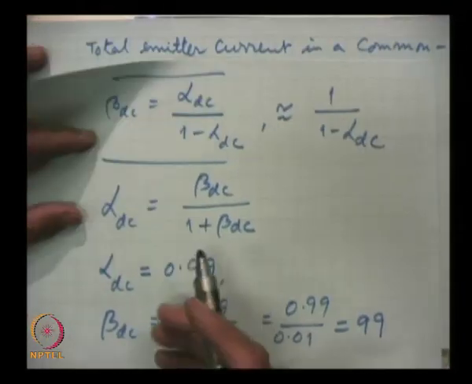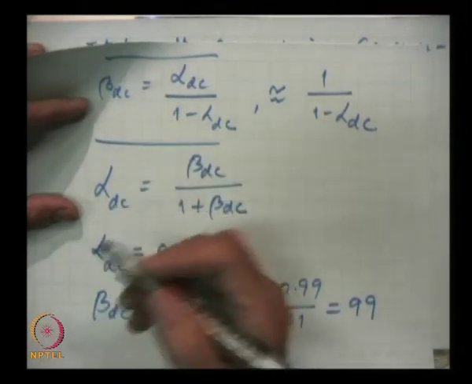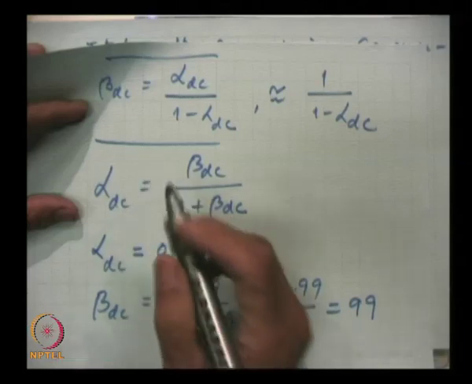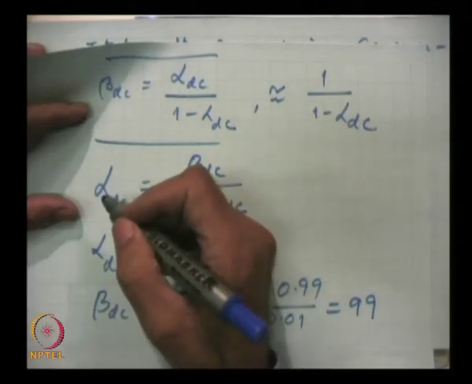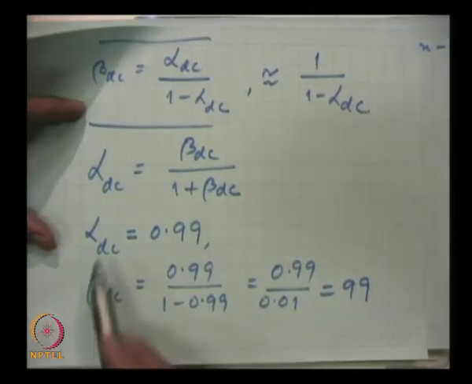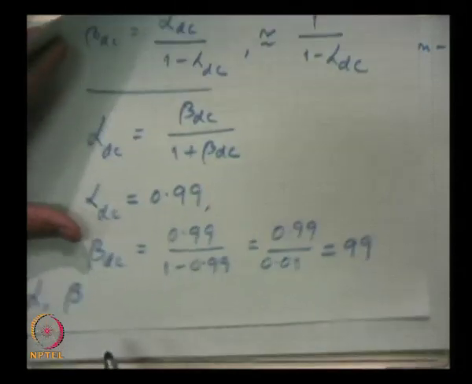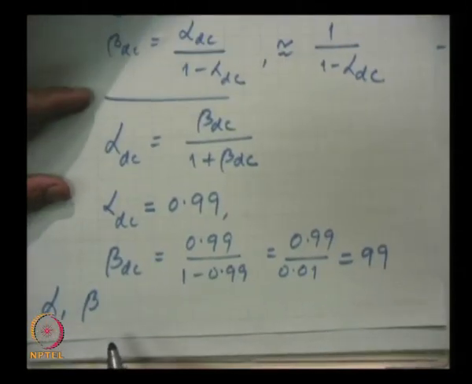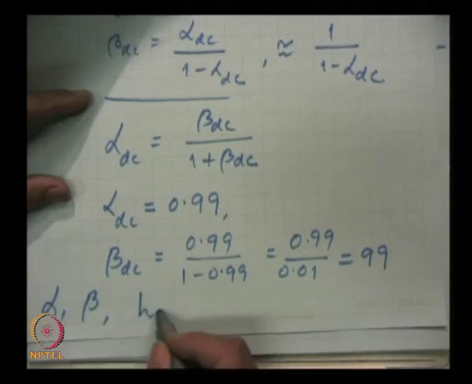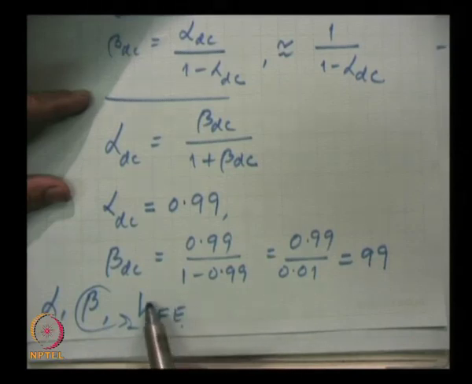When AC is superimposed on the circuit, for example, we are interested in the amplification of AC signals. So, the AC signal will be superimposed over DC. So, then there will be a small variation in these values, and that is known as simply beta, or alpha, and when we talk of H parameters later, then beta is the same as HFE. This is the forward current gain in the common emitter circuit.